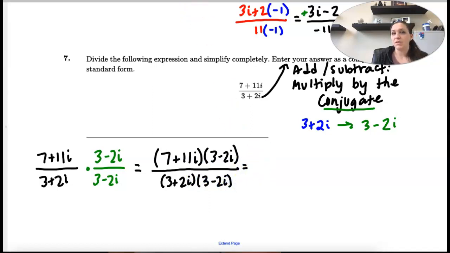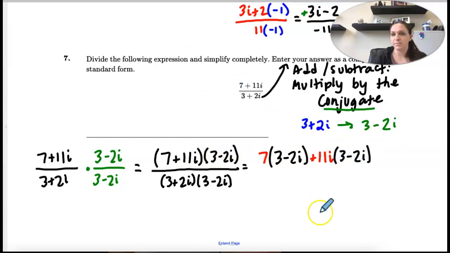And I'm going to write out the distributive property just so you can see it. It's a lot, but we take our first number, 7, and then remember we want to multiply that 7 to both of the terms in the second set. So 7 times all of 3 minus 2i. And then I take the second term here, plus 11i, and same thing, I want to multiply that 11i to both of the terms in the second set.